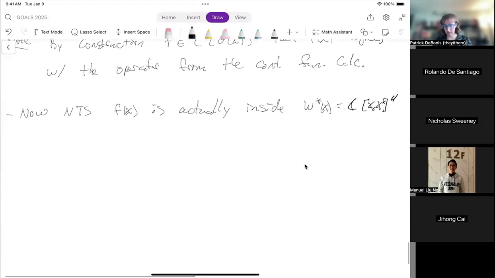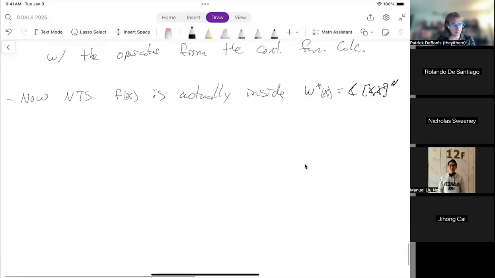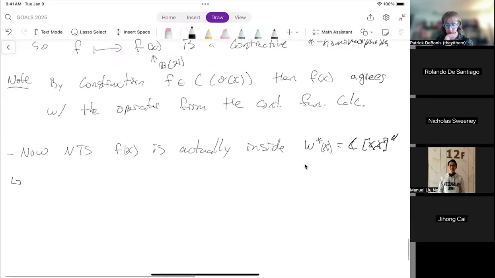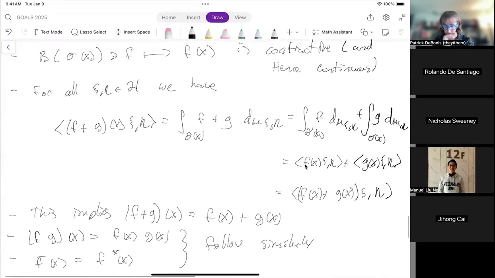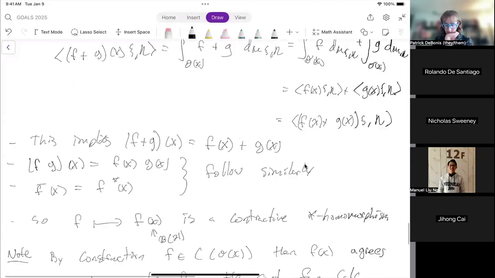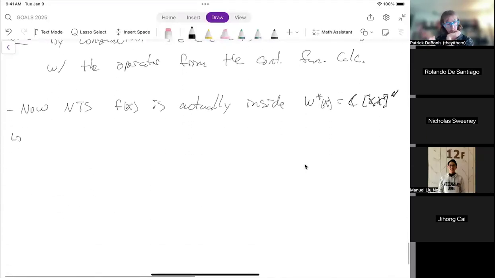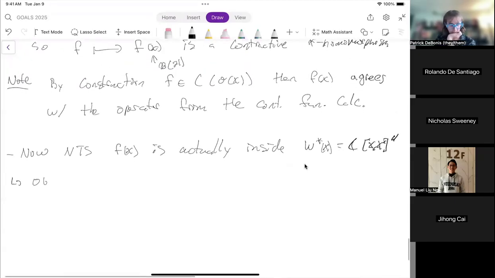So let us do that. The first thing is that we want to show something about the measures we're using in this star homomorphism we've constructed. So let's start by writing things a little more concretely.